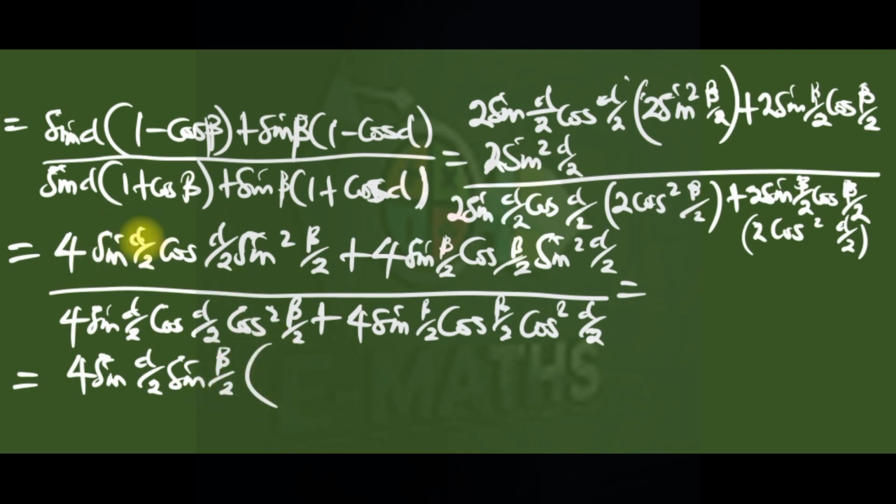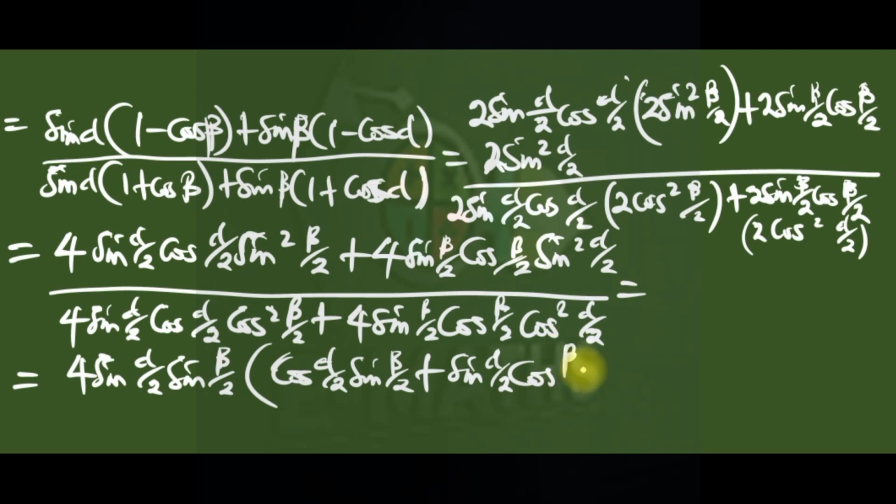What is left here is cos half alpha sine half beta, plus, since we brought out 4 and sine half alpha, we're left with sine half alpha; we brought out sine half beta, remaining cos half beta.